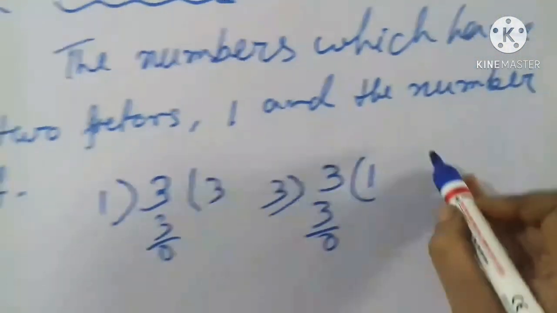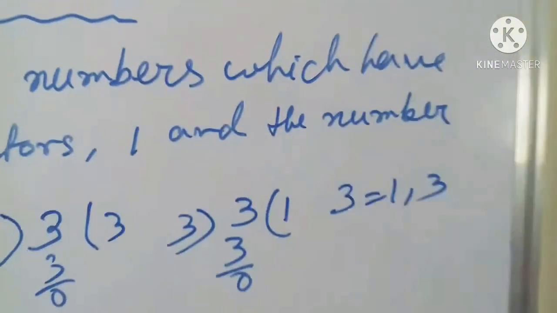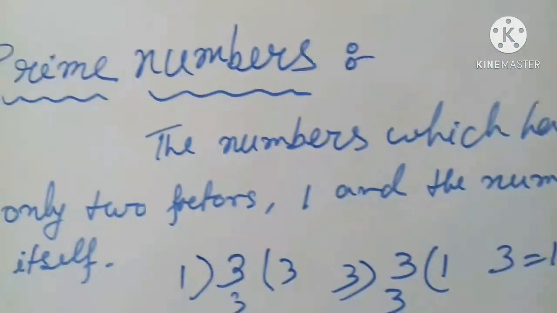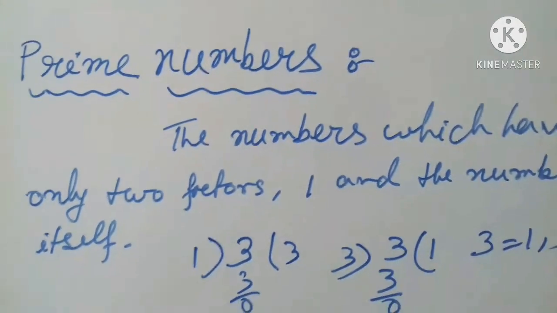So 3 has only two factors, 1 and 3 itself. Any other factors are not there. Like this, so many numbers have only two factors, and those numbers we call prime numbers.